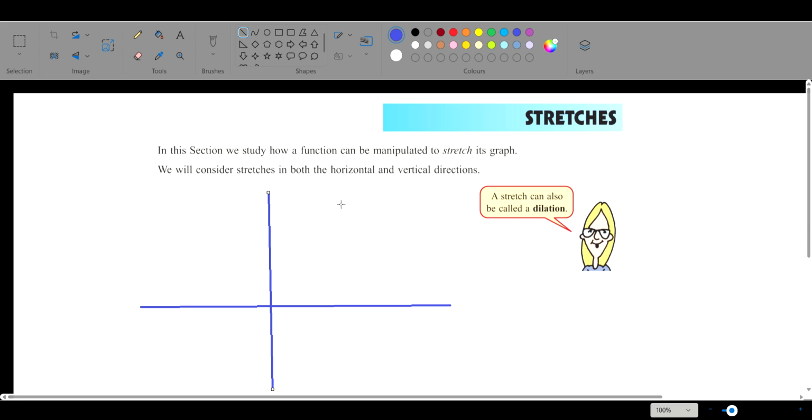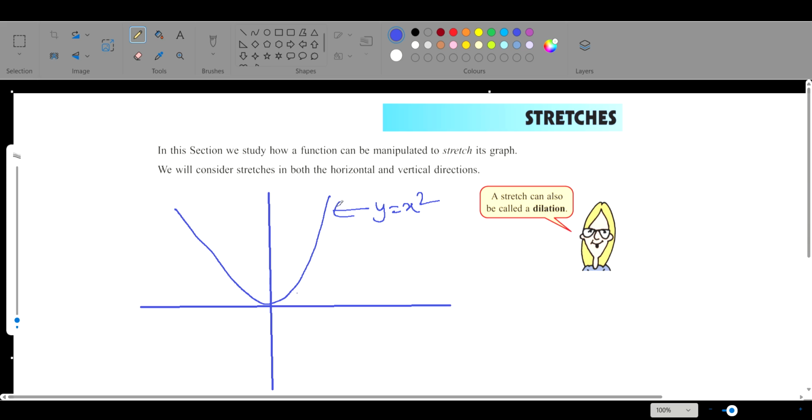For example, if I have a very random function, y is equal to x square, the stretch can happen to this function. It can shrink towards the y-axis like this, or it can expand more than the actual one, like this.